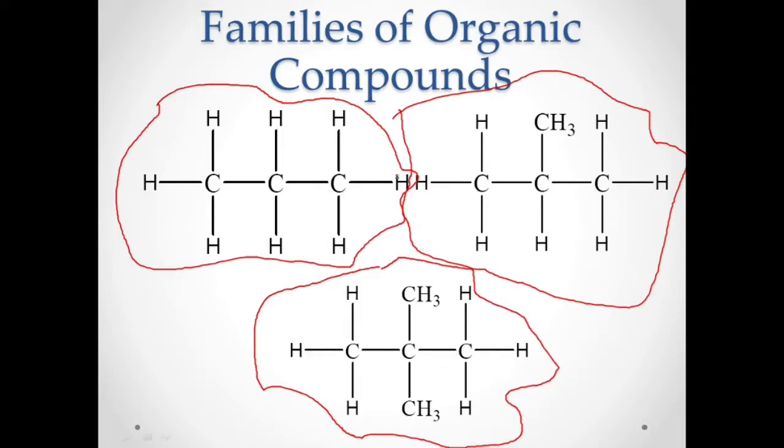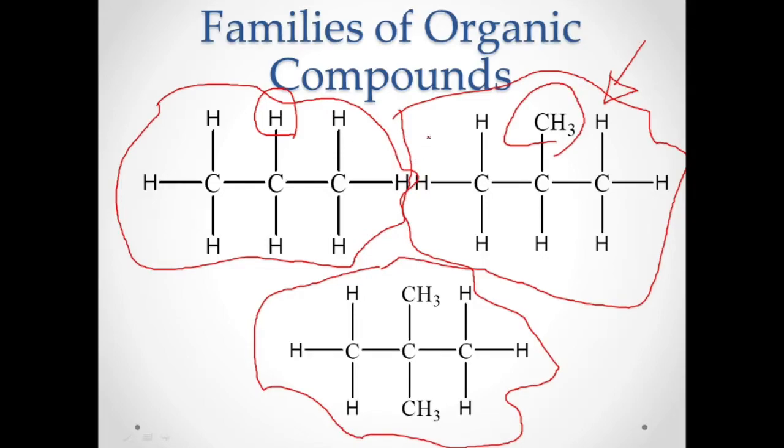When you look at these three compounds, they're actually different. Why? It's because in the second compound, this one, the hydrogen here is replaced with a CH3. So this compound is what we call a substituted hydrocarbon. How do we define a substituted hydrocarbon?